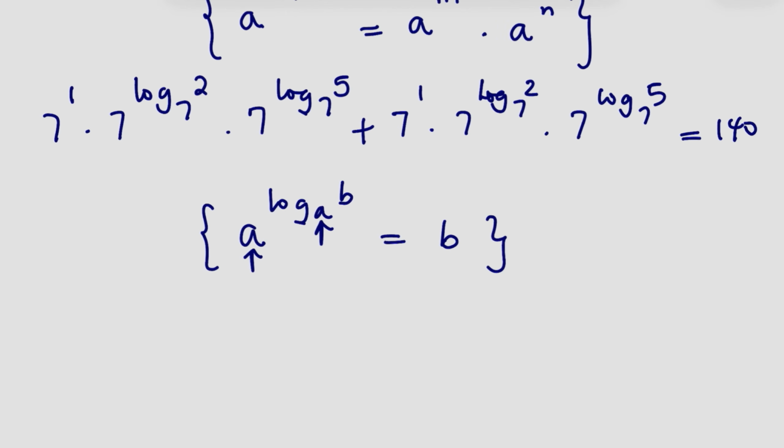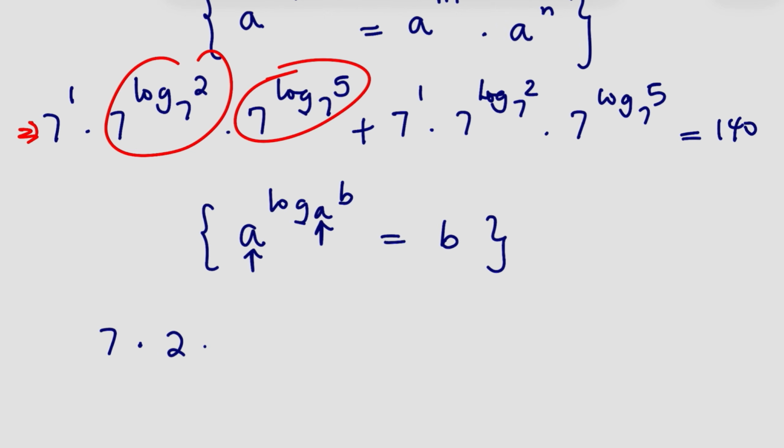So for this expression, our equivalent will be 7 times the whole of this becomes 2, and the whole of this becomes 5. So I have times 5. Then plus the exact same thing, 7 times 2 times 5. And then is this equal to 140?